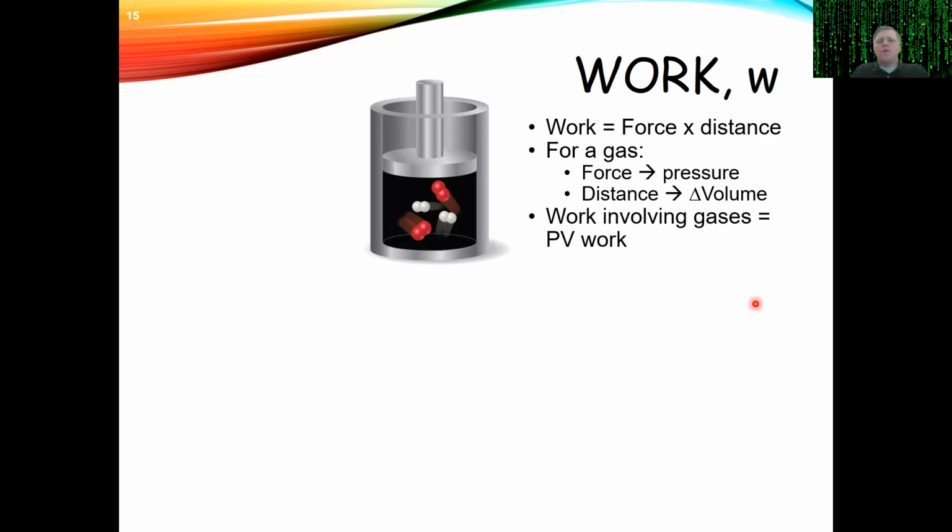Now, like I said, the way we define the sign for work is a little weird, but the way we actually define work itself is almost even weirder. So if a system is doing work, we're going to define the work the system is doing as the negative of the external pressure times our change in volume. So this external pressure, so let's say we have a balloon expanding, then the balloon is going from a small volume to a bigger volume.